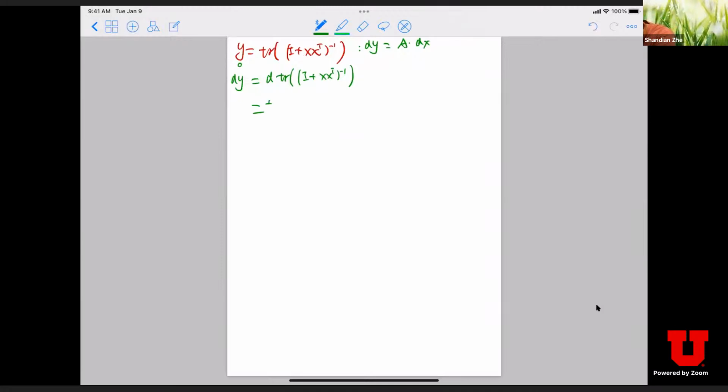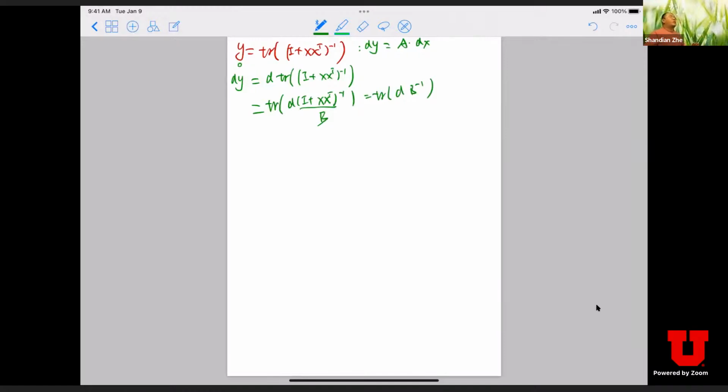This will give you trace of d(I + x x transpose) inverse. If we denote this as B, you're actually computing the derivative of the inverse of B.